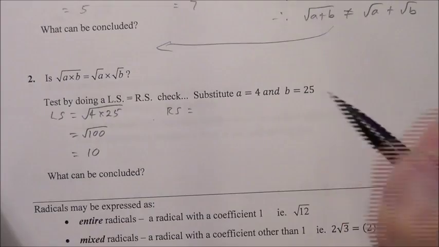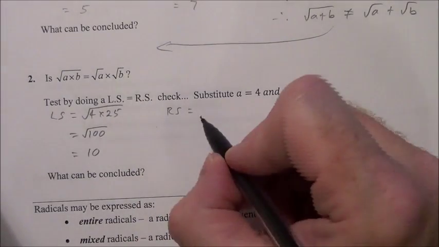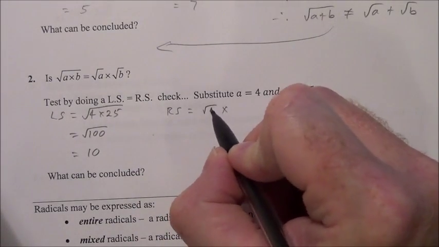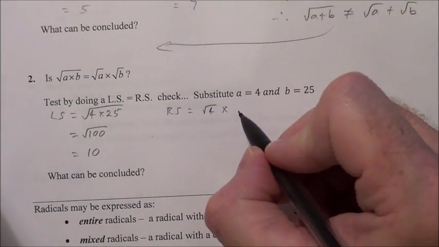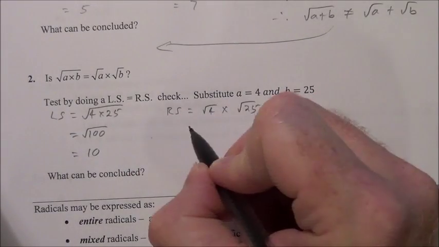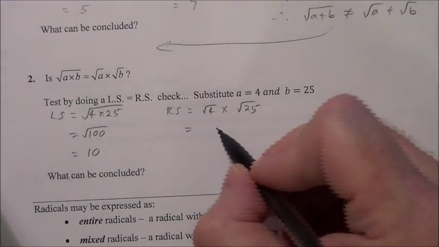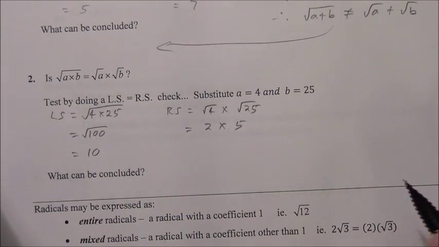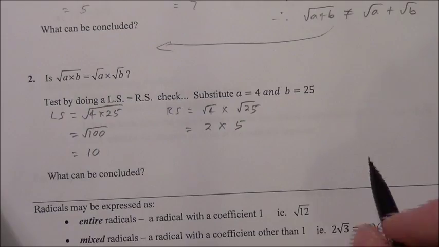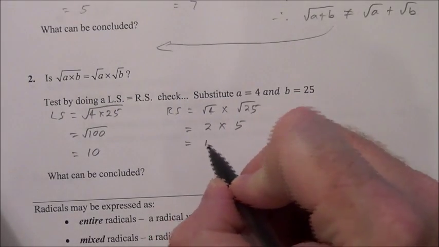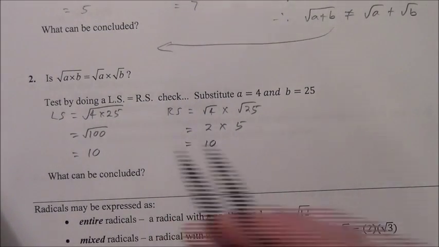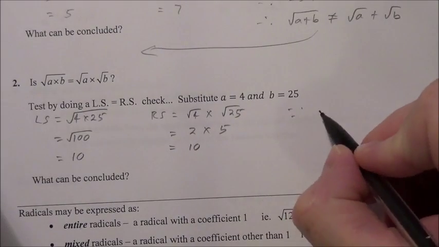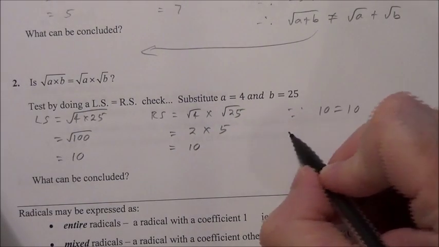And then on the right side, we'll take the square root of 4 and multiply by the square root of 25. The square root of 4 is 2. The square root of 25 is 5. And then when we multiply 2 times 5, we get 10. And lo and behold, we see that 10 does equal 10.